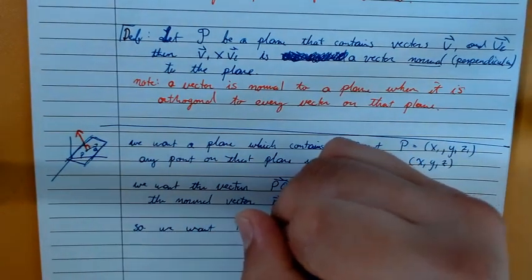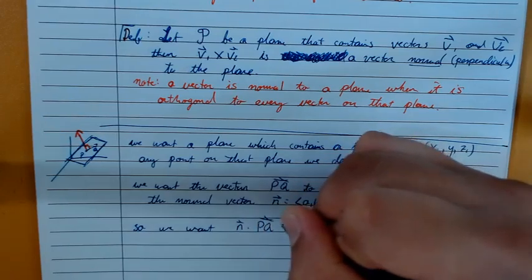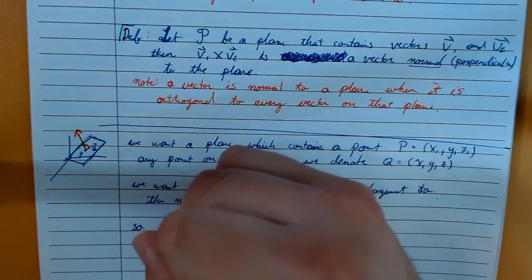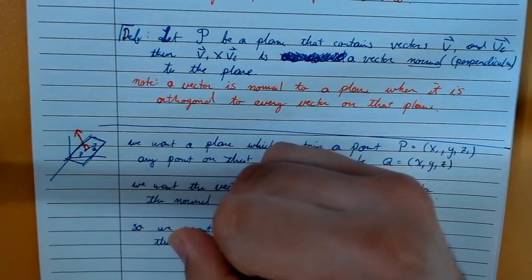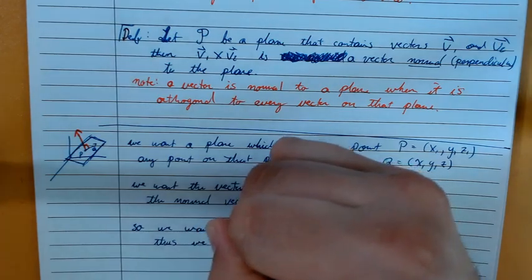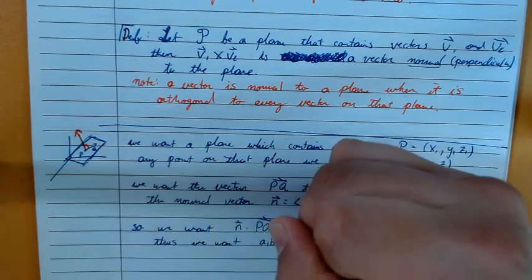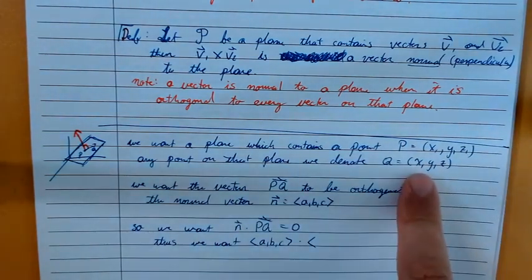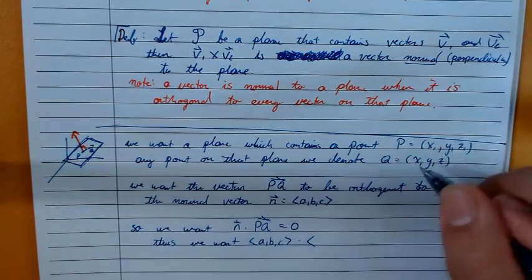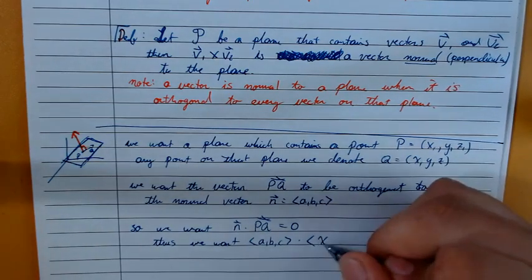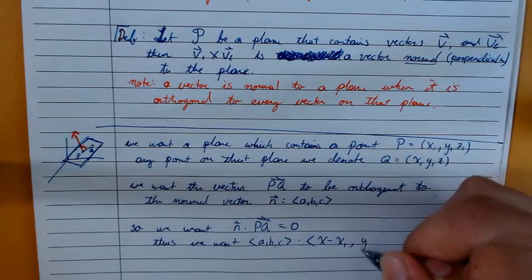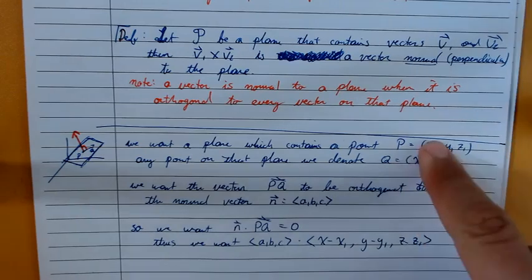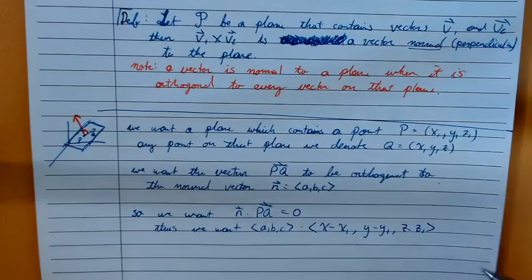We want n dot PQ to equal 0. Now n is A, B, C, and PQ is, you take your Q and subtract away your P. That's going to be your vector PQ. It's going to be x minus x1, y minus y1, z minus z1. This minus that, this minus that, this minus that. And that's got to equal 0.